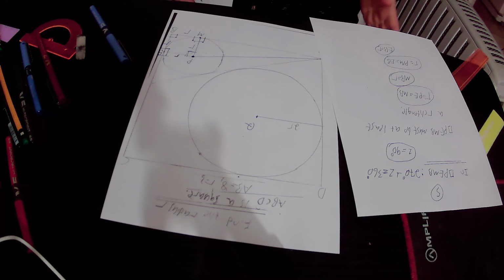And if the opposite sides of a rectangle are equal to each other, let alone that the opposite sides of a square are equal to each other. PM equals EB, as you can see, and MB also equals PE in square PEMB.